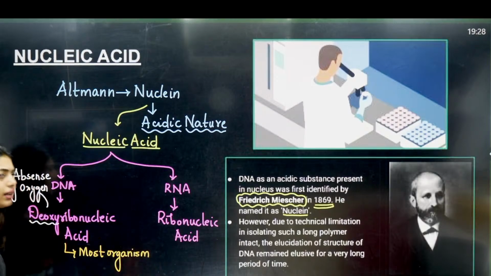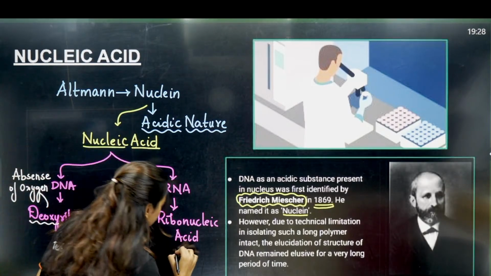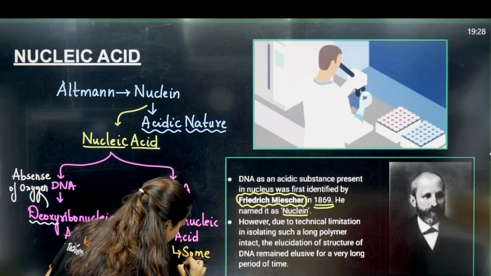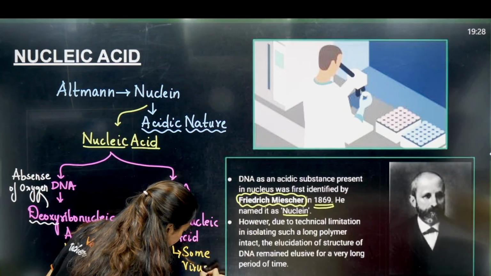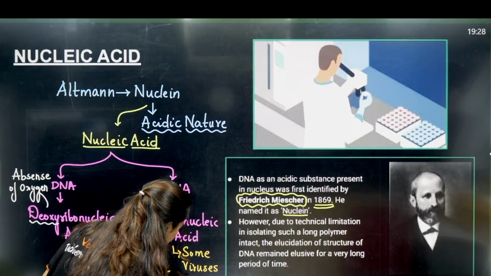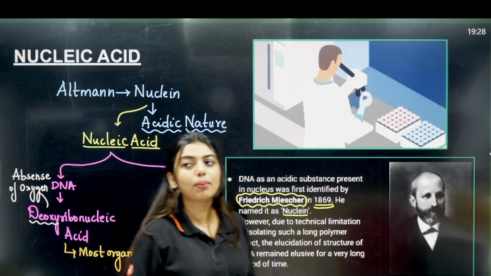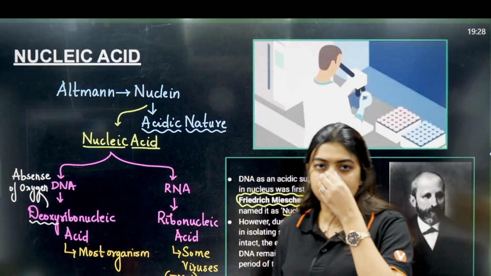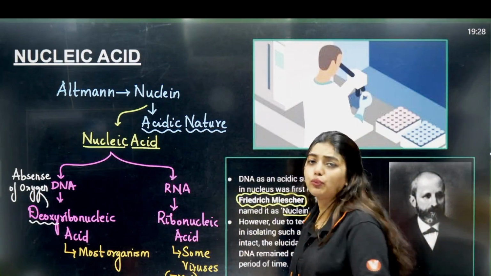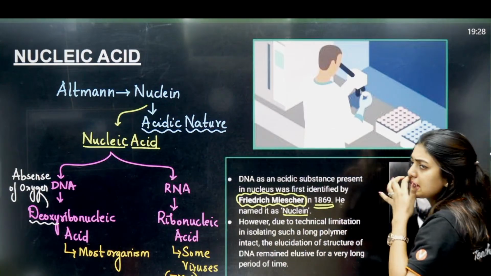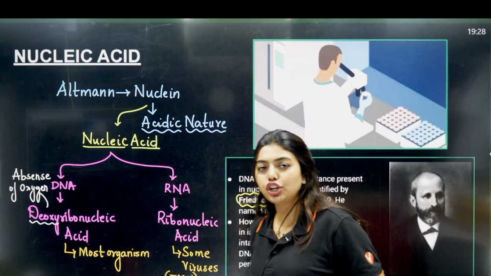Ma'am, then what about RNA? RNA also is genetic material, students, but in some viruses, like tobacco mosaic virus, TMV. Now, DNA is an acidic substance, all of this is clear. So, this is your introduction to the chapter.